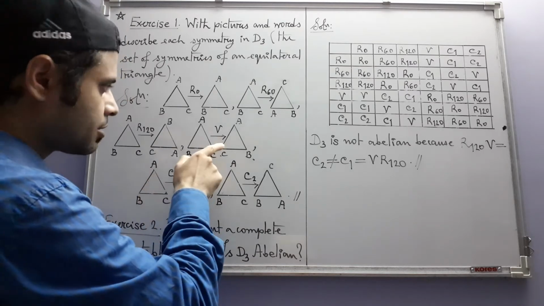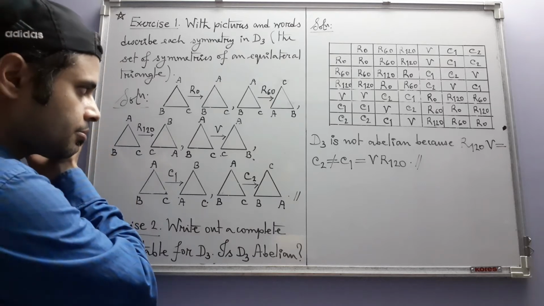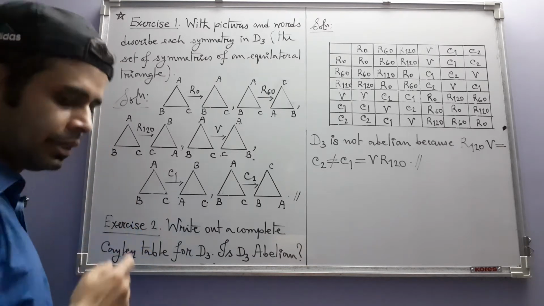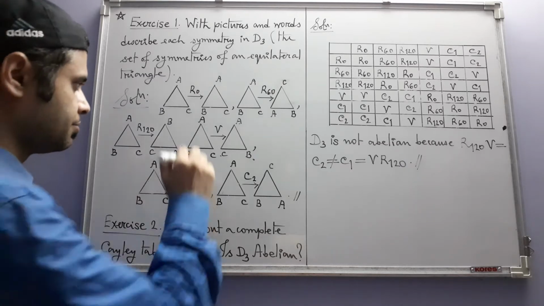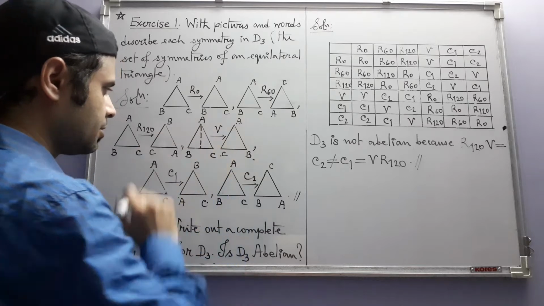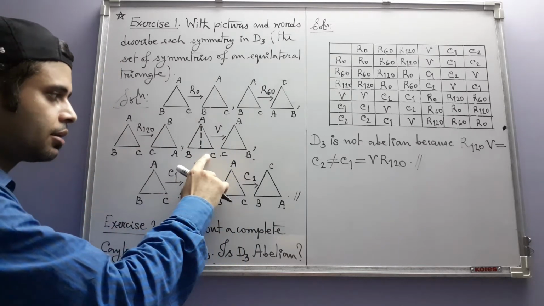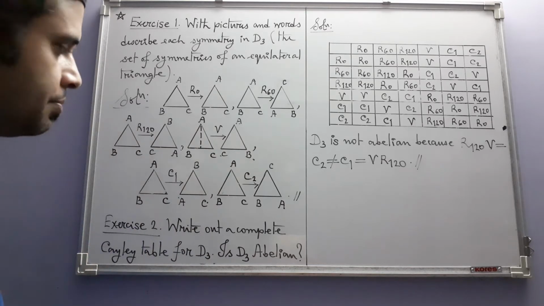However, in the next transformation, the orientation changes. What is this transformation? It's a reflection about this line, the perpendicular bisector of the side BC.